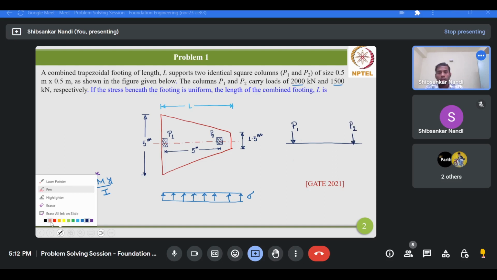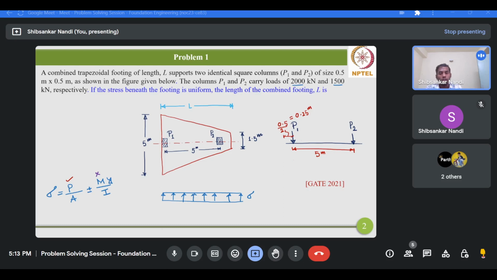Now, you know this distance as 5 meters, and this distance is 0.5 by 2, that is 0.25, or we can write here 0.5, because the dimension of the column is 0.5 by 0.5 meter.